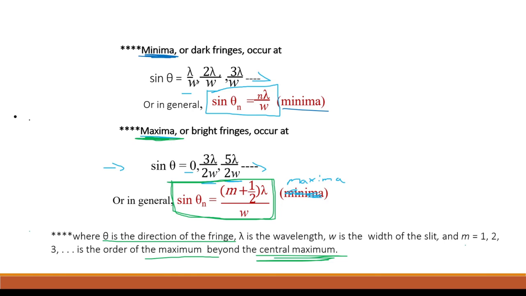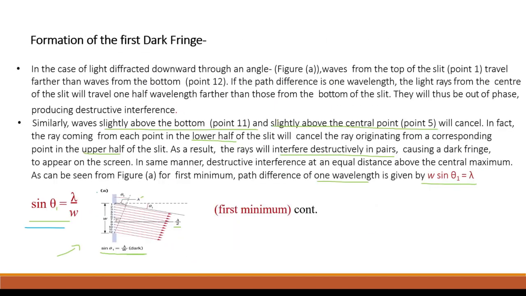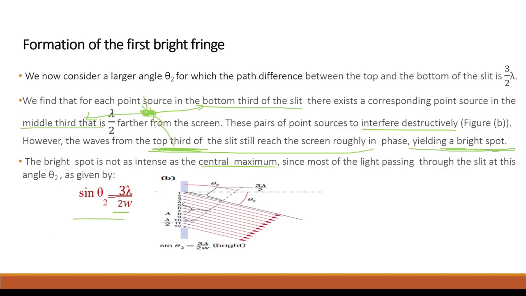So if we said m equals 1, we put it in our formula, we would have 3 over 2, we would get this. This is what we get when we do m equals 1, and this corresponds to the first bright fringe.